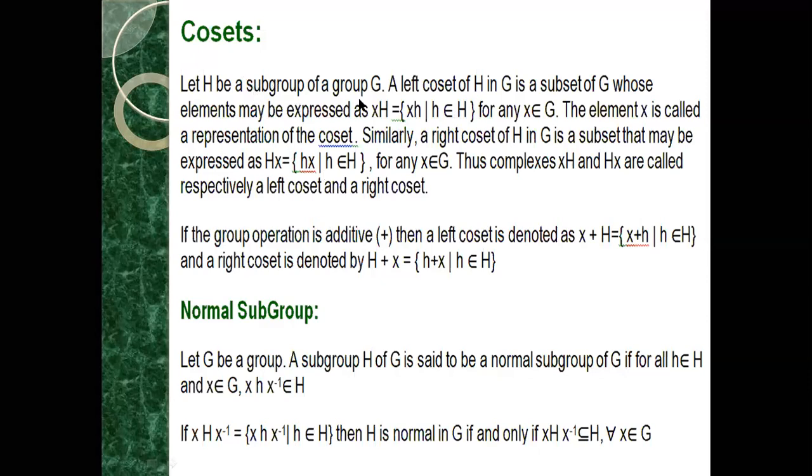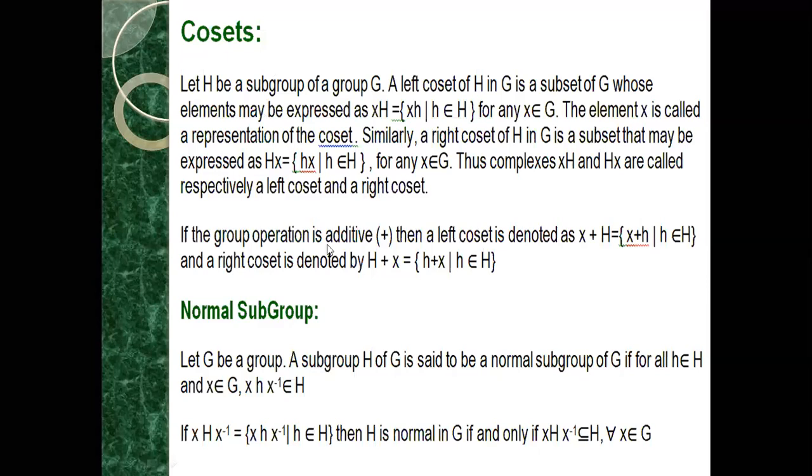H is a subgroup of G, and the left coset of H in G can be expressed as xH equal to {xh such that h is an element in H and x is an element in G}, and the right coset can be expressed as Hx equal to {hx such that h is an element in H and x is an element in G}.